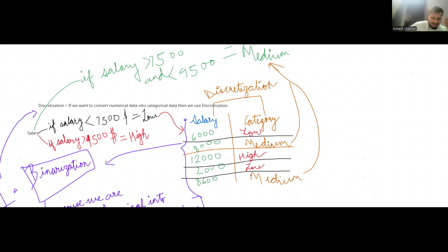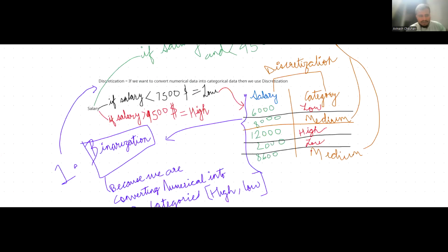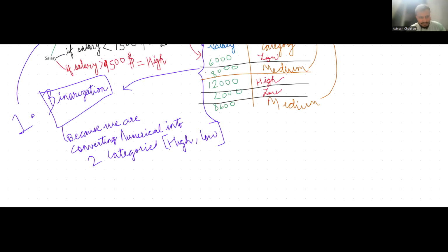So now the next thing which we are coming into. So basically this discretization, the second point.